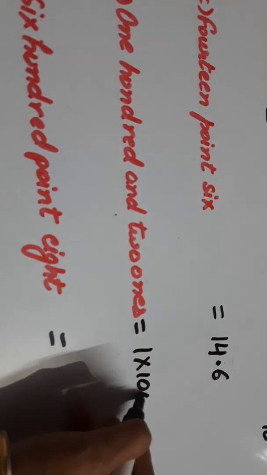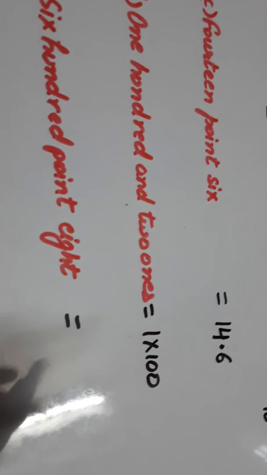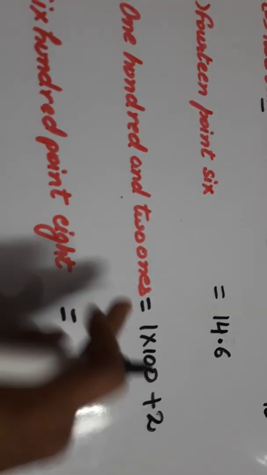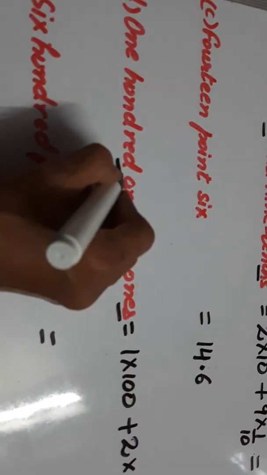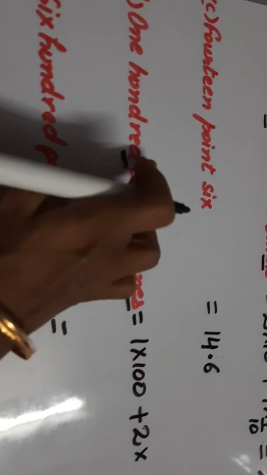Now 1 hundred and 2 ones. So for 1 we'll write 1, for 100 we'll take multiplied by 100, means it is the hundreds place. And for 'and' we'll write plus 2, write down 2. See, the word ones is there, and not TH.